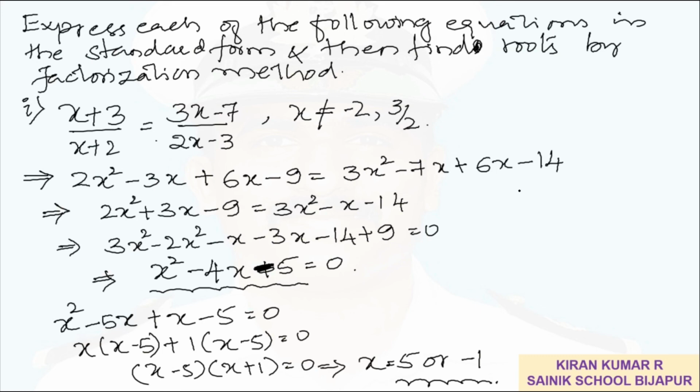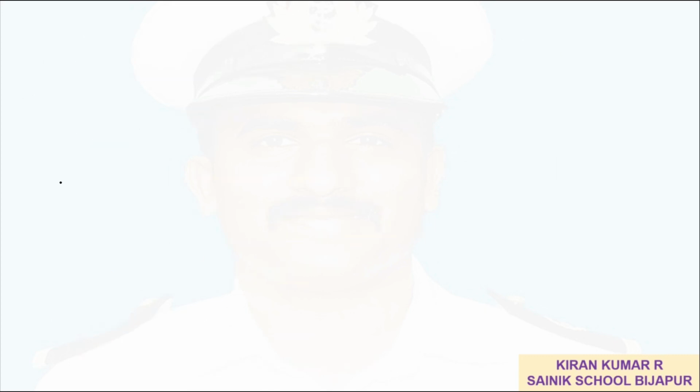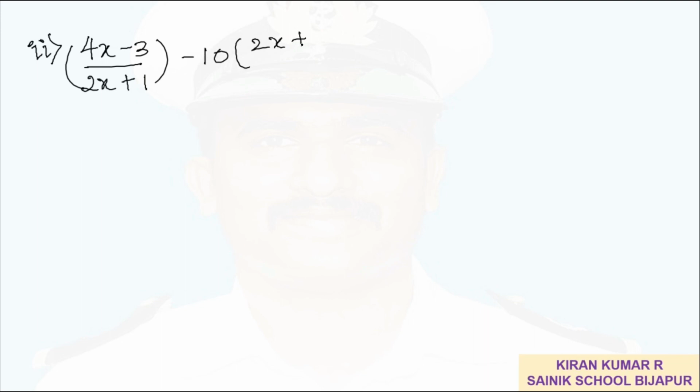In the same way, we have got one more question, the second sub question. Let me give the question, second one. (4x − 3)/(2x + 1) − 10 times (2x + 1)/(4x − 3) = 3.